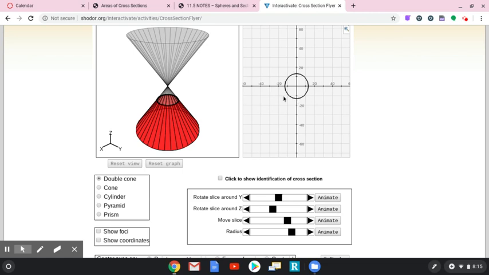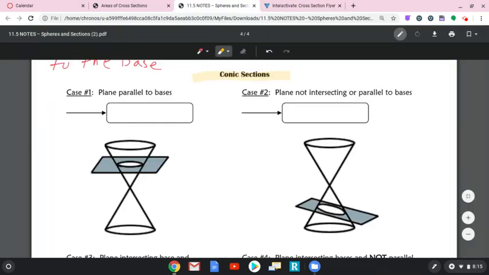If you look over here on my two-dimensional coordinate plane, that's the plane that's intersecting my double napped cone, and you'll see that that cross section is a circle. So a plane parallel to the base will form a circle. The only time it won't form a circle is that one scenario when it intersects at the vertex of the double napped cone.